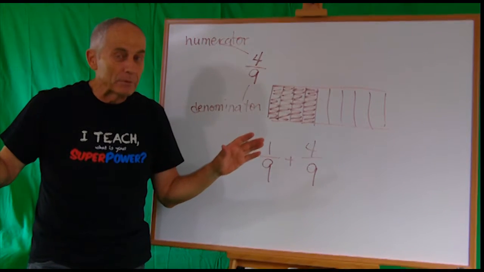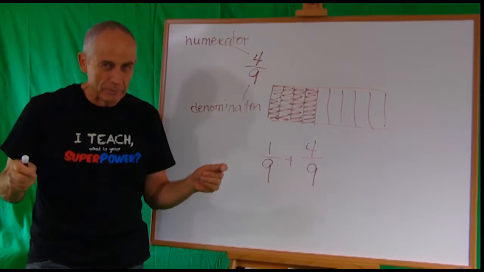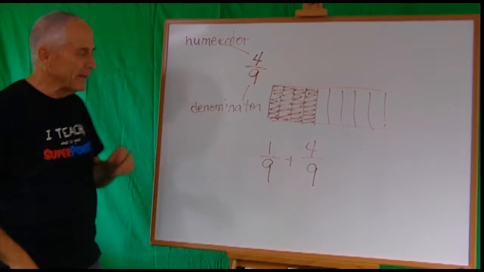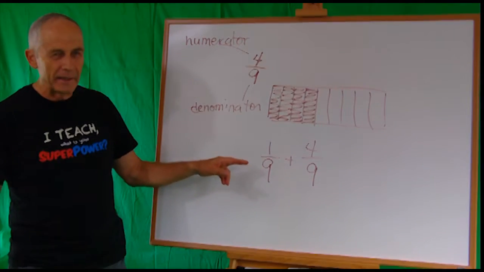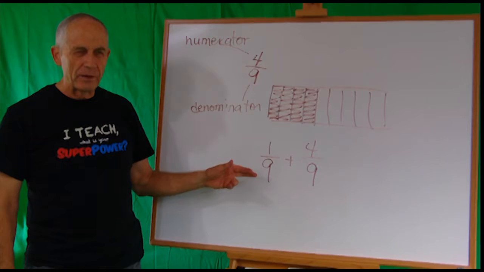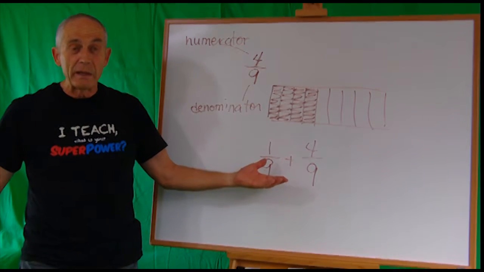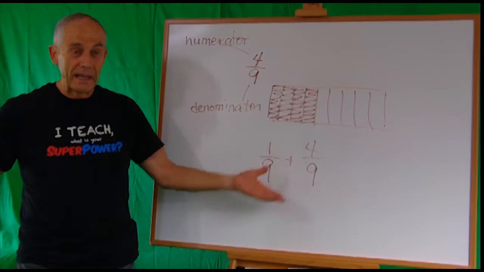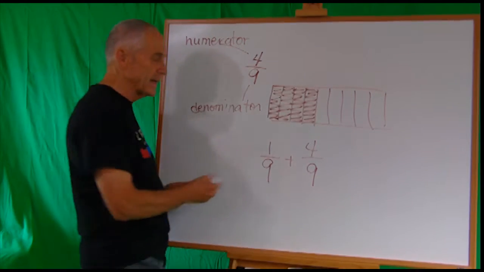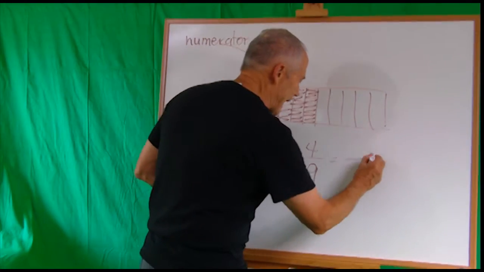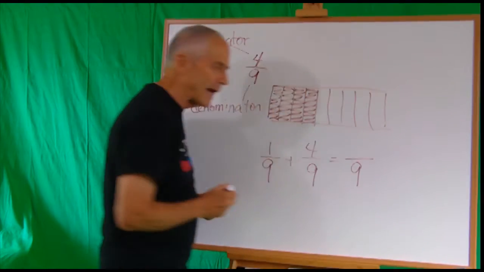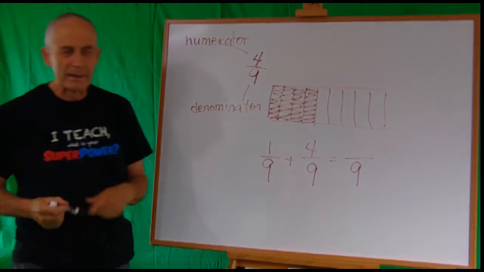You don't even get applesauce. You get apples. Well, what that helps me with is when I look at these two fractions that I'm adding, and they're both 9ths. So what am I going to get when I add? I'm going to get what I'm adding. I'm going to get 9ths, and that tells me right off the bat that I put that denominator over there.